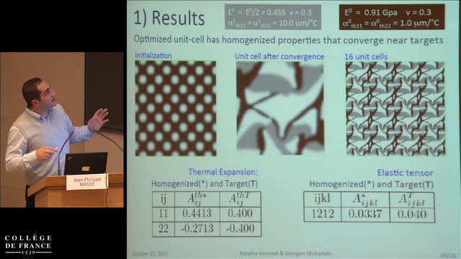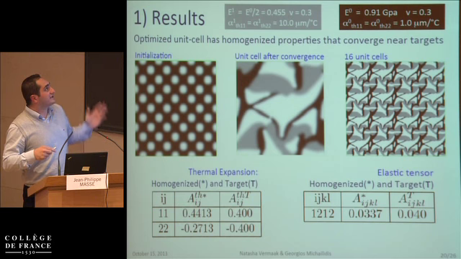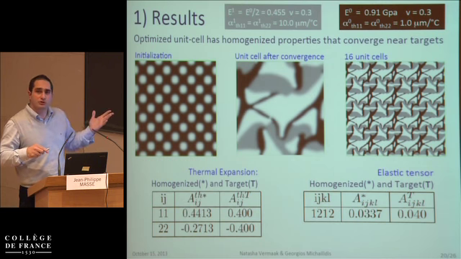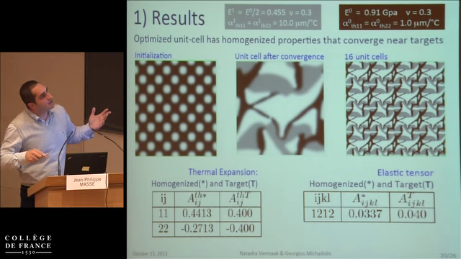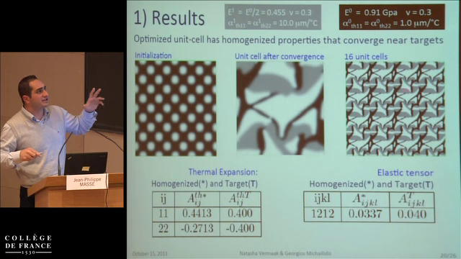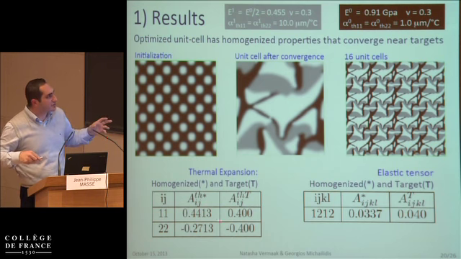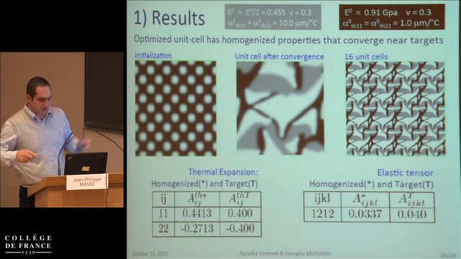And starting from an initial random unit cell configuration, we get the following optimized configuration. Here we plot the Young modulus of the materials, and here we plot 16 times the unit cell in order to get a better idea of how the periodic domain looks. And we see that the homogenized coefficients start approaching the target coefficients.